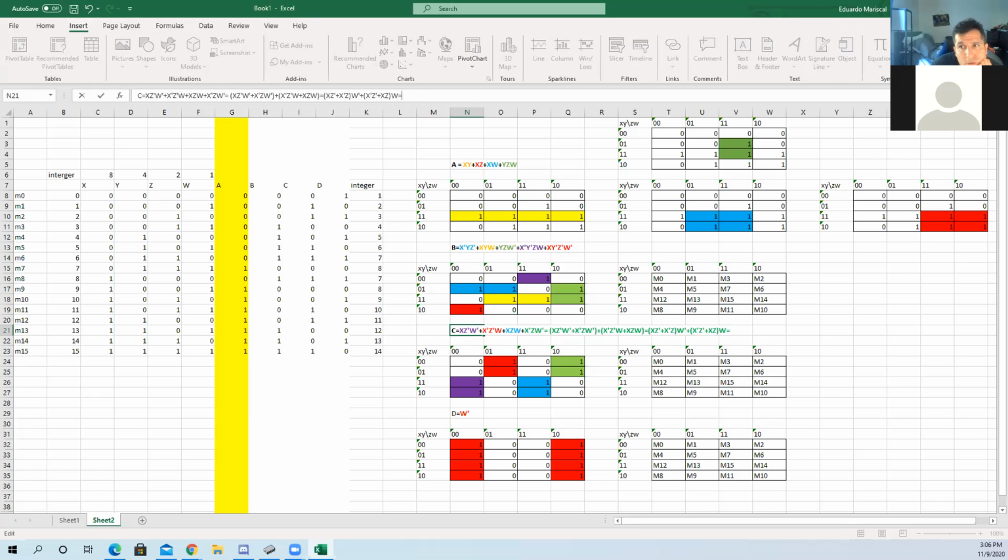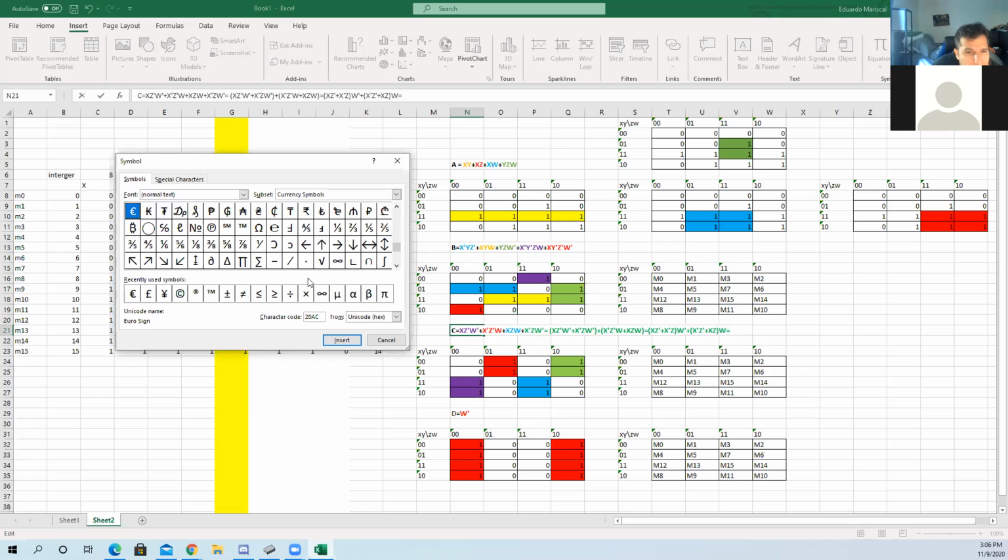Insert symbols. Interesting that we have all these symbols, but we don't have the math symbols.